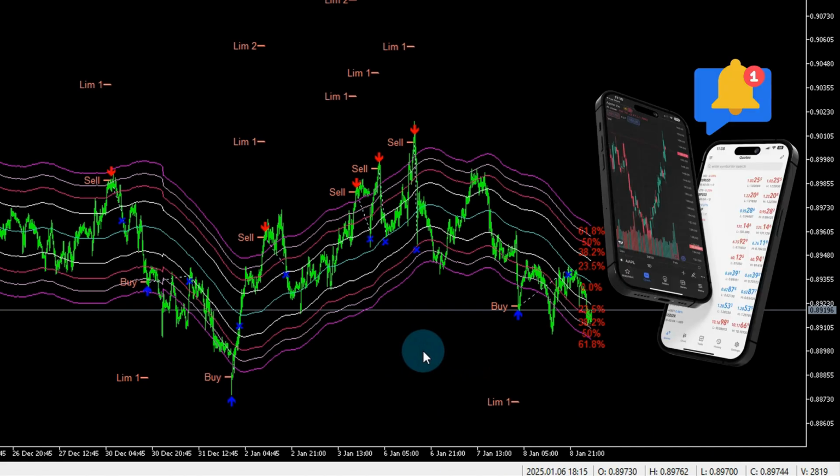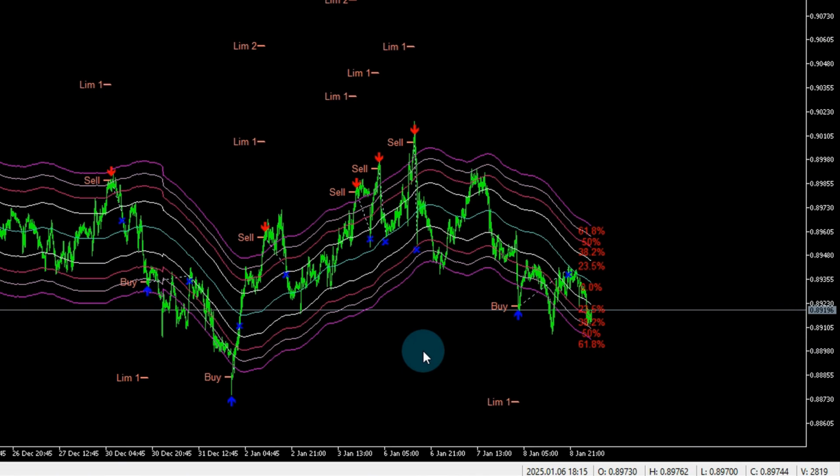That is, you can install Grabber on your home computer, go to work and receive push notifications on your smartphone all day and execute all these trades on your mobile terminal. In this way, you can earn money with this system wherever you are.